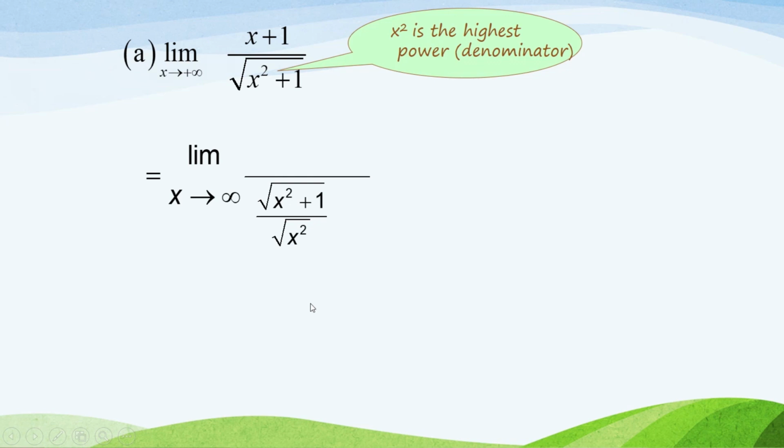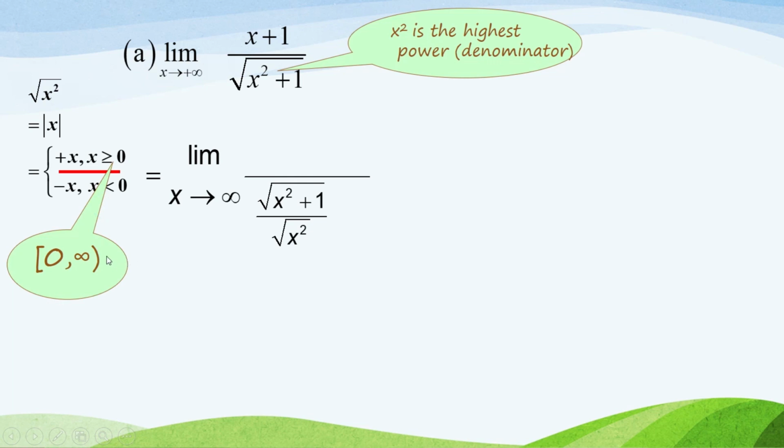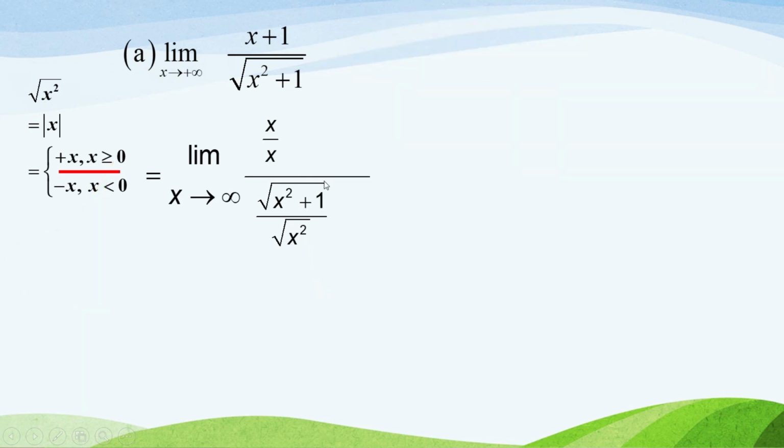Meanwhile, for the numerator, we can just divide by x, because when x approaches infinity, the square root of x squared equals x. So x divided by x, and 1 also divided by x.